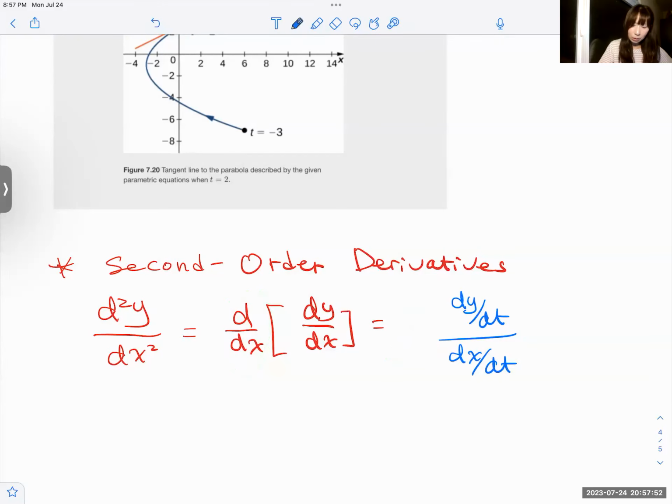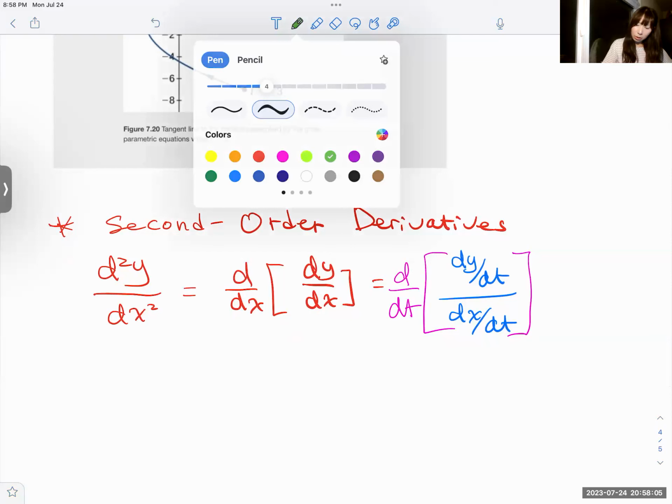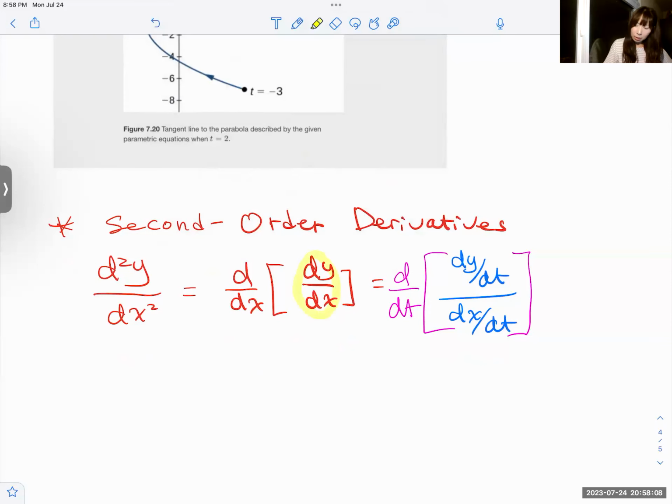So dy over dx is dy over dt over dx over dt, right? So we had y prime of t over x prime of t, right?